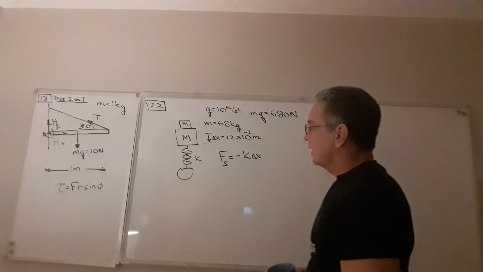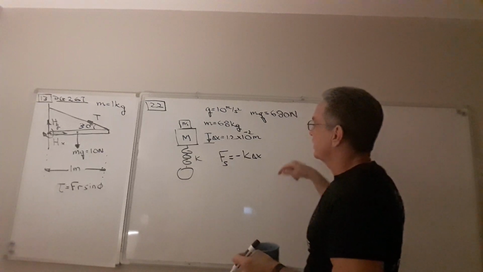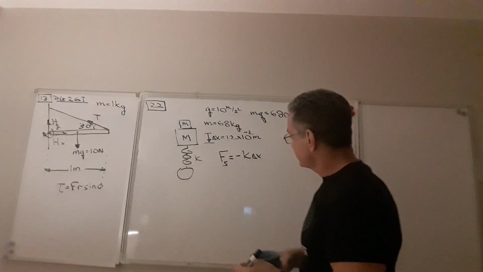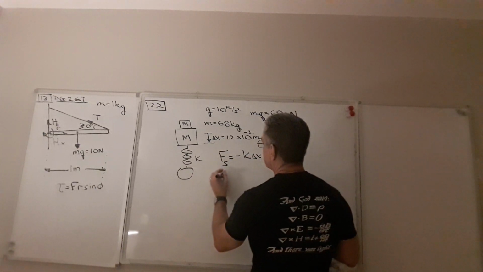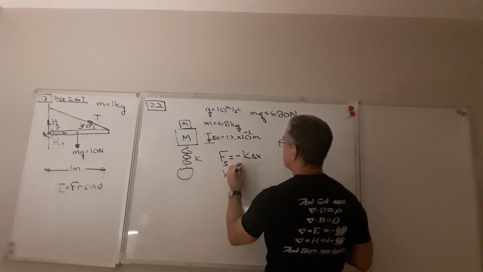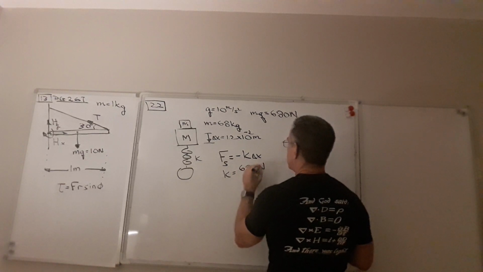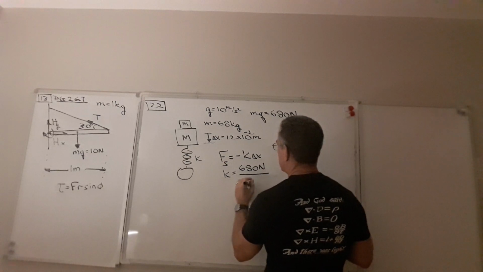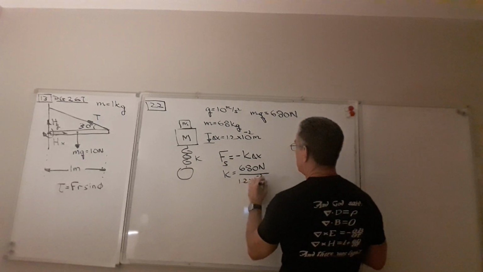Okay, so we've got a force exerted downward on the spring, compressing it downward due to the person's weight, and it's causing this amount of compression. So you can solve for the spring constant here. The spring constant will be equal to that force of 680 newtons divided by the amount of compression it causes, 1.2 times 10 to the negative 2 meters.